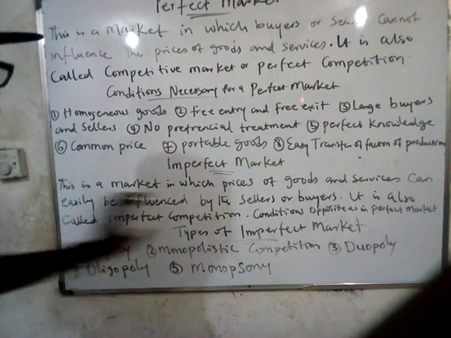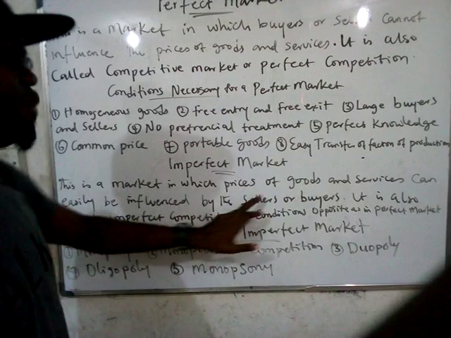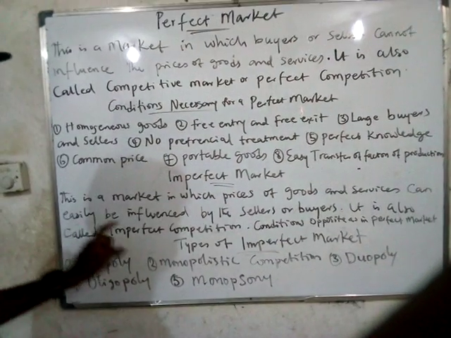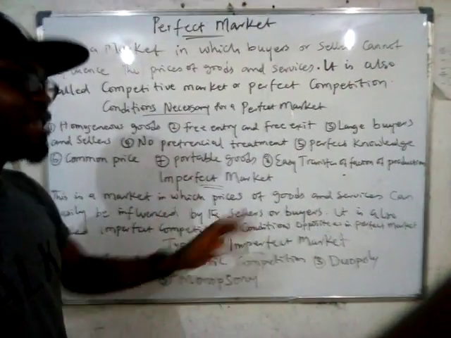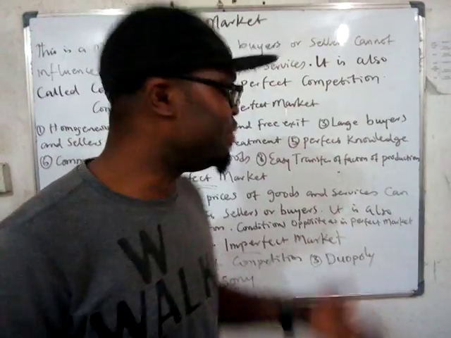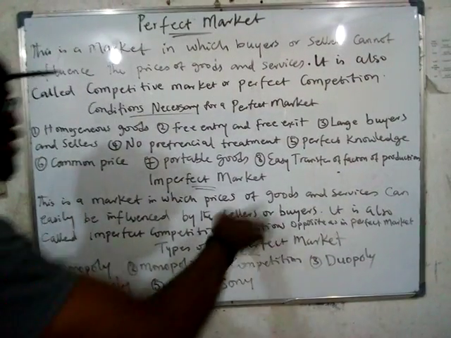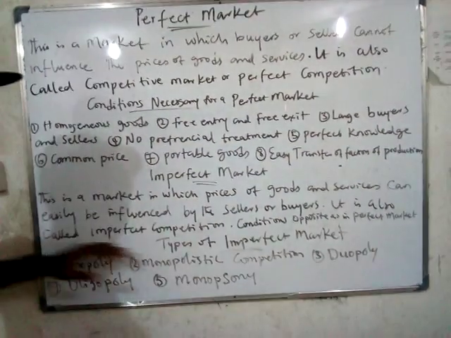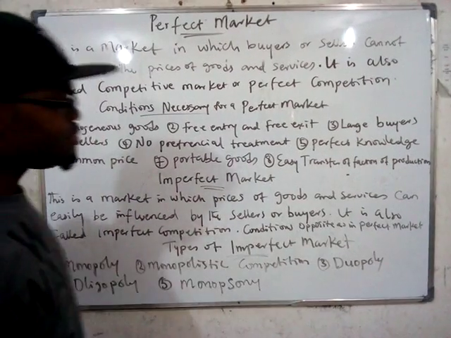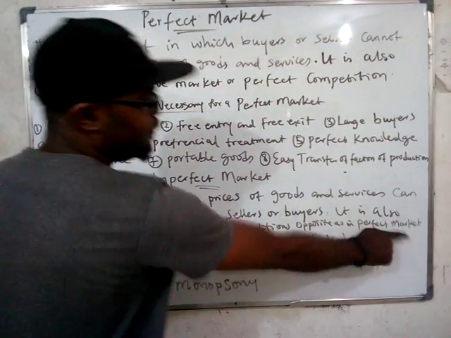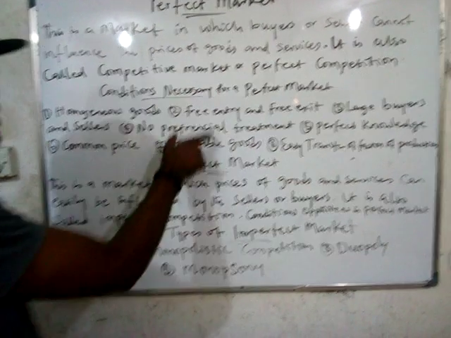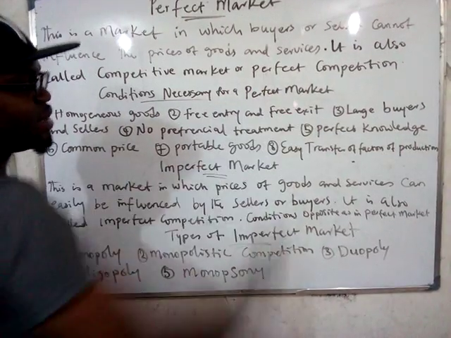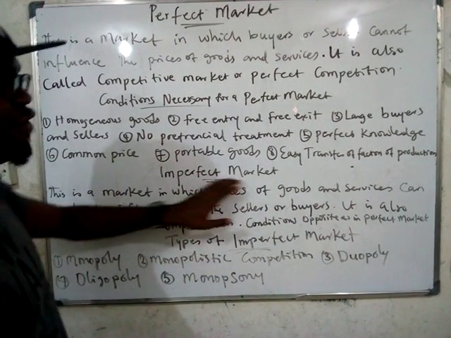Now, an imperfect market is a market in which prices of goods and services can easily be influenced by sellers or buyers. It is also called imperfect competition. And the conditions necessary for an imperfect market are just the opposite of the ones necessary for a perfect market. So what are the conditions necessary for an imperfect market?